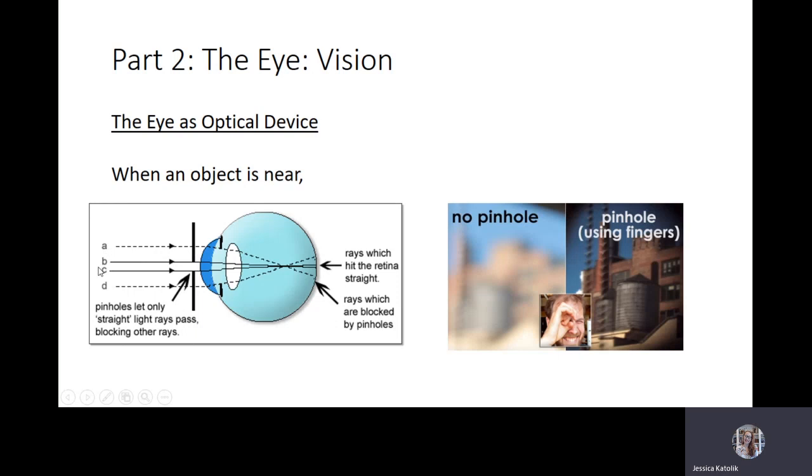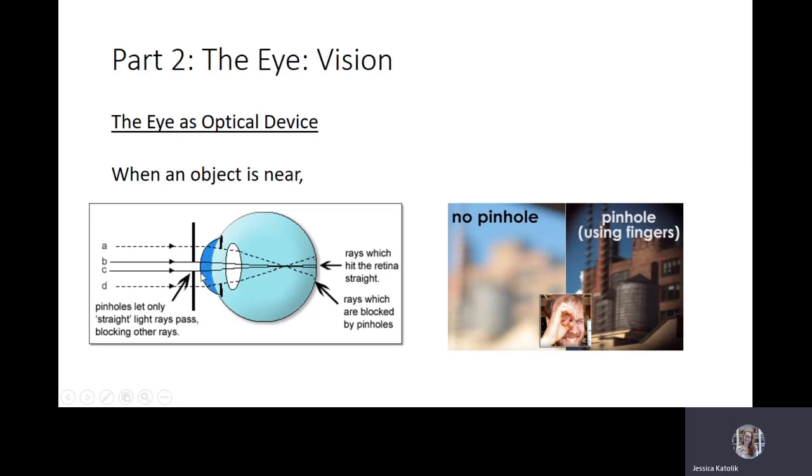So here, let's pretend that an object is nearby and the light would be divergent, so it'd be going up and down. That would lead to a really strong angle going in through the cornea and going in through the lens. And that would project a lot of light onto the back of the retina. What a pinhole camera does is it actually blocks the outermost light and only allows for parallel light to enter the eye.